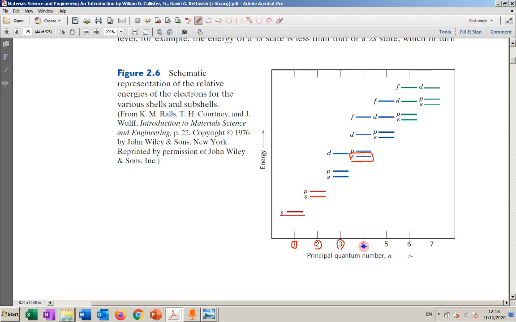So for example, 4s will come before 3d, so 4s is lower than 3d. Then will be 4p. Before 4d, there is a lower energy level, which is 5s, and then so on. According to energy level, the electrons go inside them. If one fills, they go for the other one.